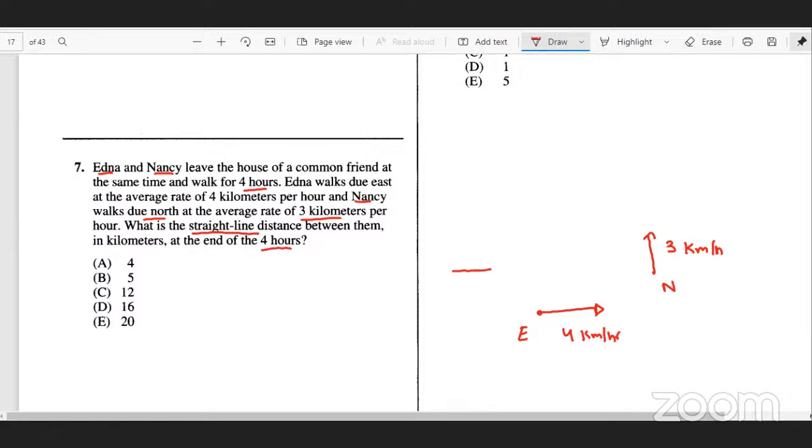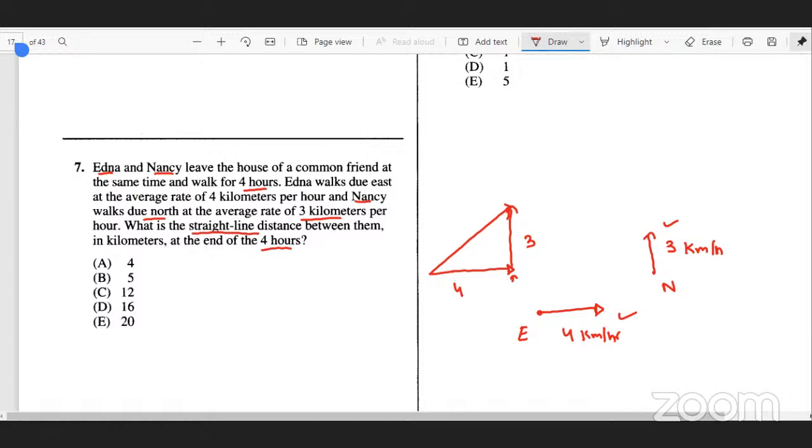So if this vector was for Edna, and this is for Nancy, this is the head of the first vector. I am going to draw the second vector right here. So this basically is 4 and this is 3. And I need to find this distance right here.